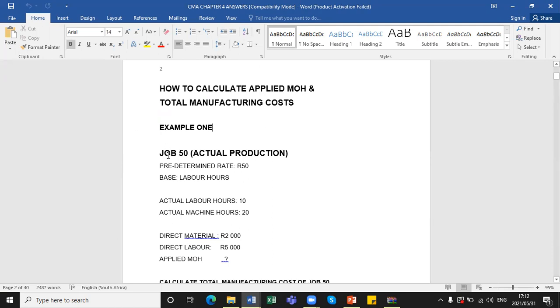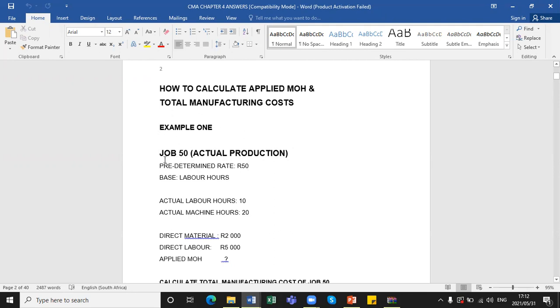Like I said, for it to be actual production, it must be given a job number. And there's job 50. Predetermined rate, which means it was given to you. Base labor hours. What does that mean? They use labor hours as the base to calculate the predetermined rate.